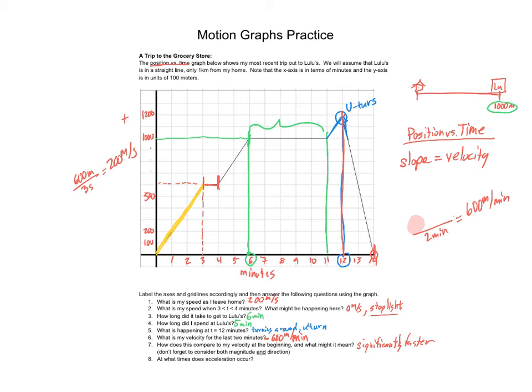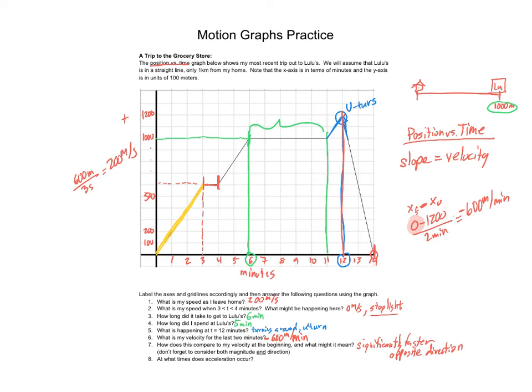I should have gone 0 minus 1,200, which would give me a negative 600 meters per minute, right? It should be the final position minus the initial position to find the change. So significantly faster and in the opposite direction, because it's negative instead of positive.